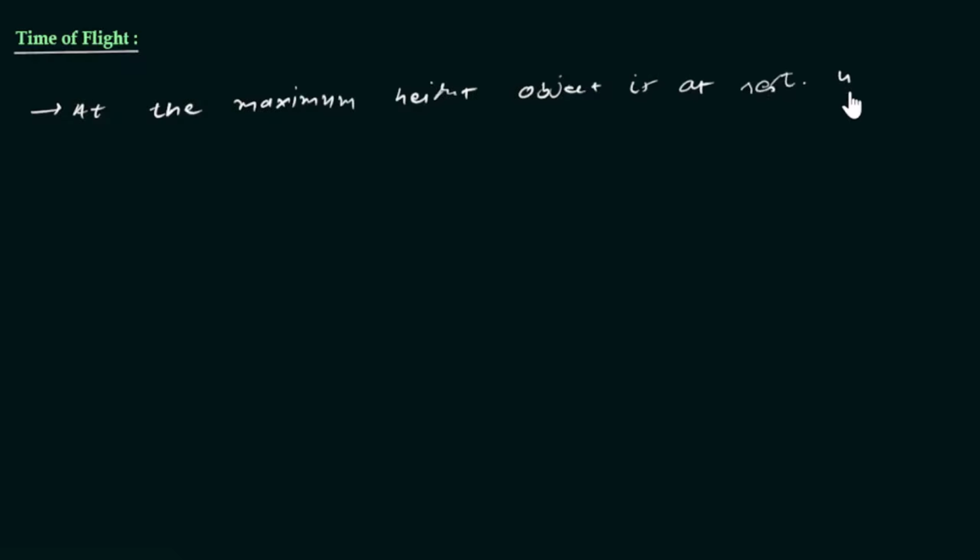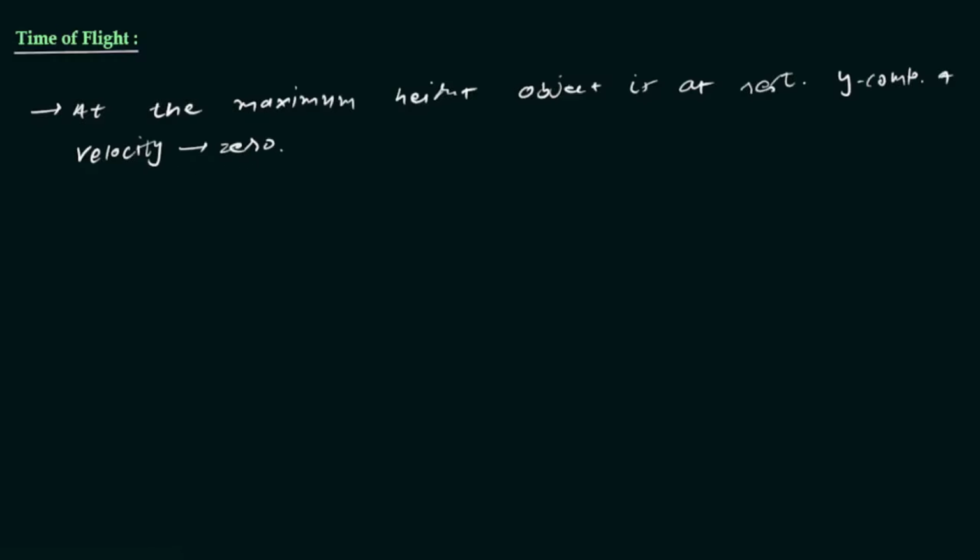Our first parameter is time of flight. How are we going to find this? At the maximum height, the object is at rest vertically, which means the y component of velocity is 0.